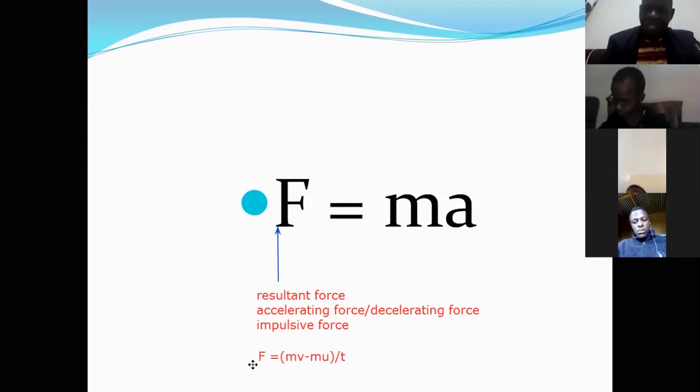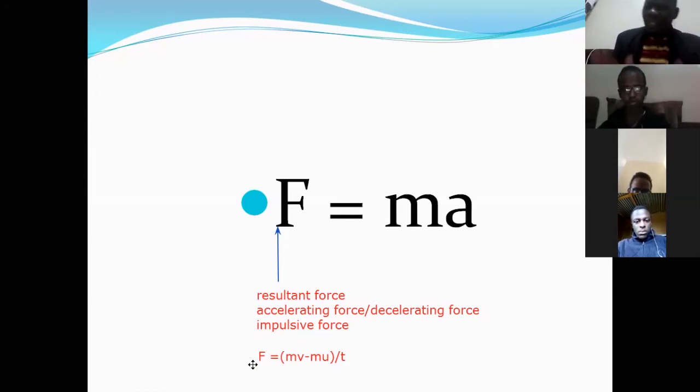For the same reason, when footballers are playing football, we have a goalkeeper and the players. When somebody hits the ball hard and the shot comes moving very fast, the person stopping the ball does not stop it instantly. The person tends to withdraw the foot backwards. When withdrawing the foot backwards, you increase the time of impact.